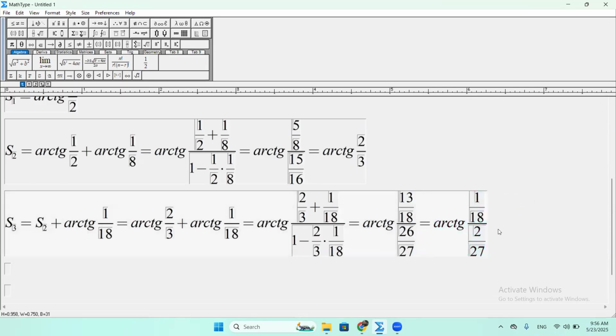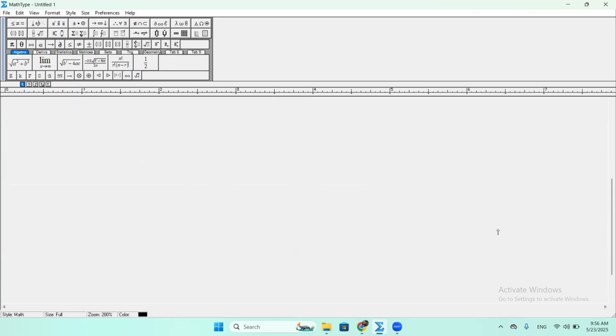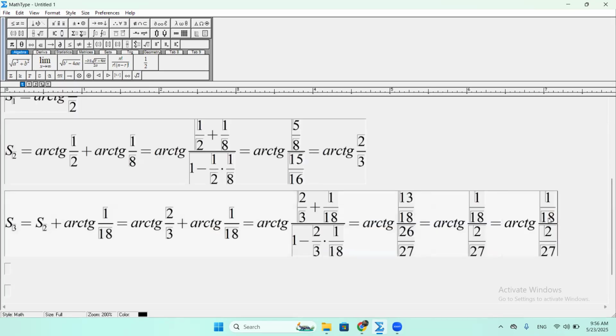Then here we can divide by 3, so here will be 6. We can divide by 9, so here will be 2, here will be 3. So we will receive arctangents of 3/4.